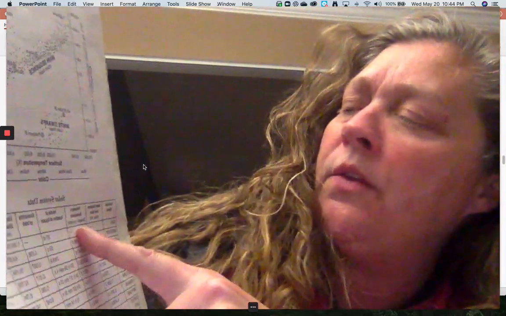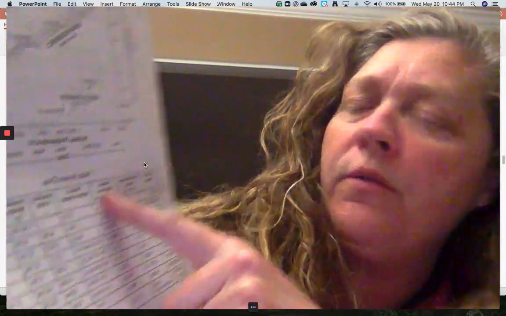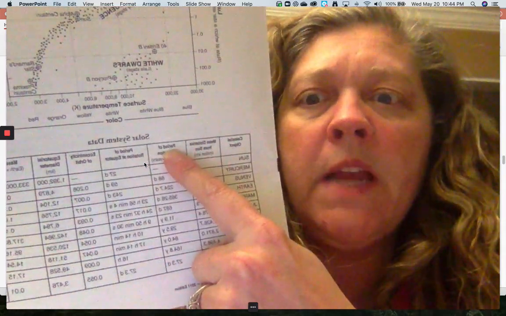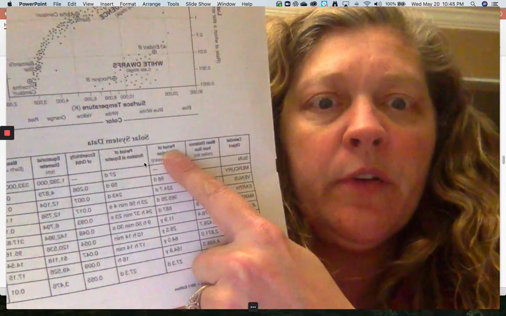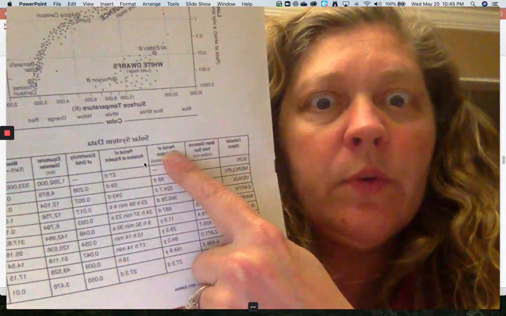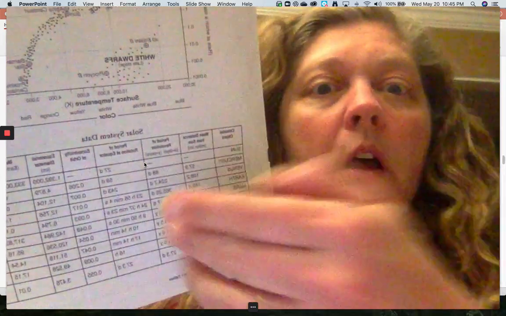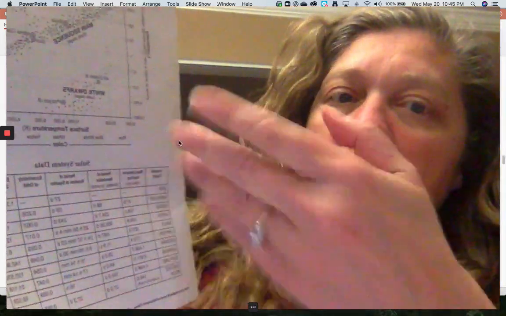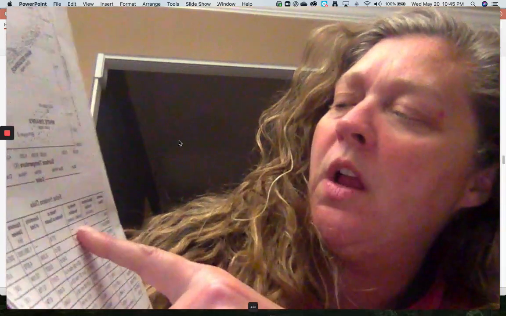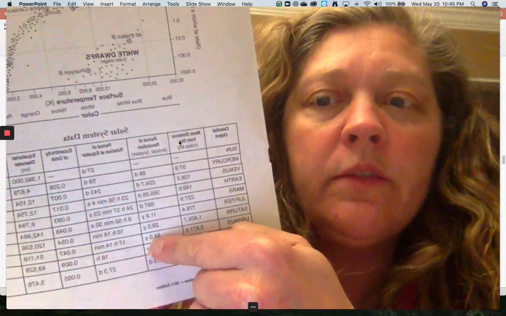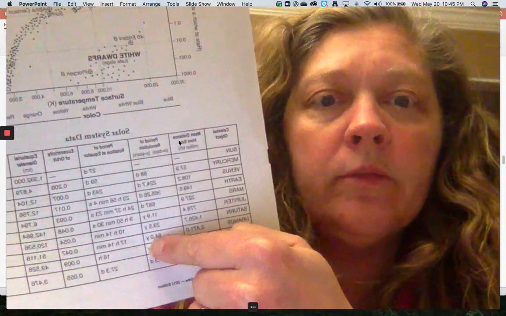All right, the third column here is period of revolution. Well, like in hockey, each period is 20 minutes long. So a period is an amount of time. Like a periodical is like a magazine. It comes out every certain amount of time. So the period of revolution is the time it takes the planet to go around the sun.